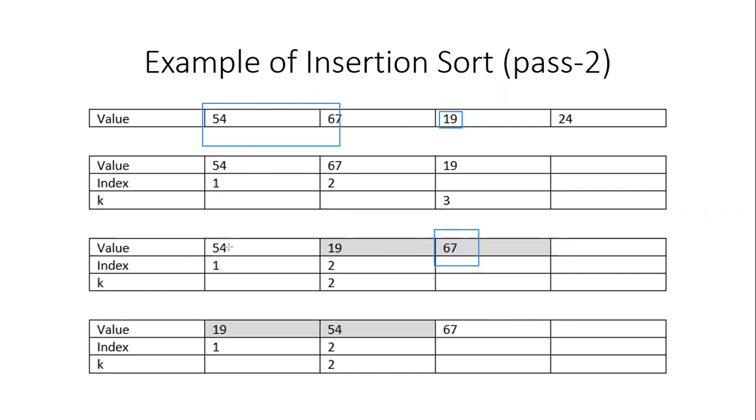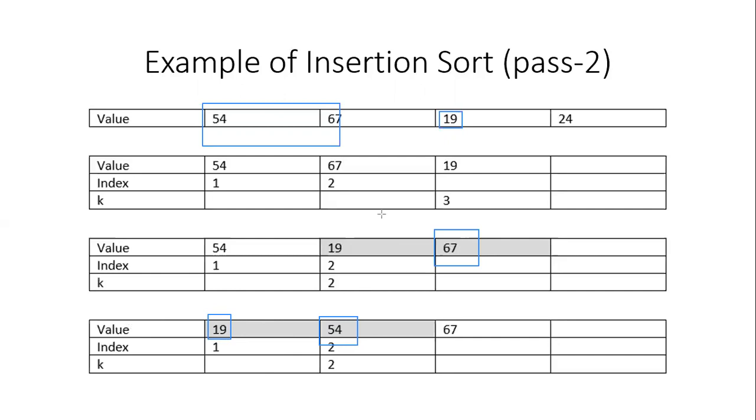Now compare 19 with 54. Because 19 is smaller than 54, that means 54 has been shifted to the second position. Because we have reached the first position and we cannot go further than that, 19 has been positioned at the first position.